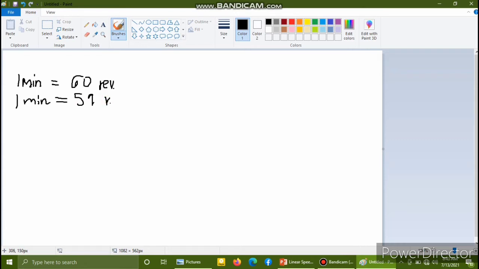To make sure we get the accurate speed of an engine, we add another 1 minute, and they have 61 revolutions.